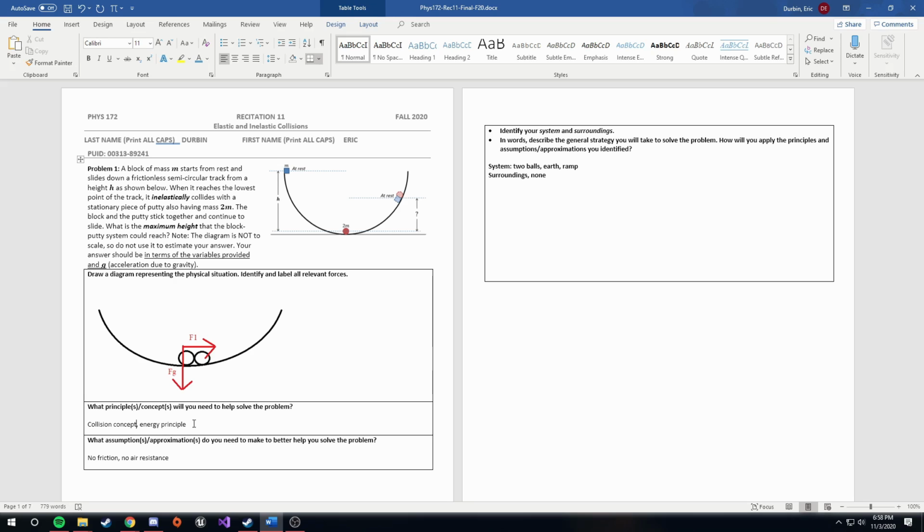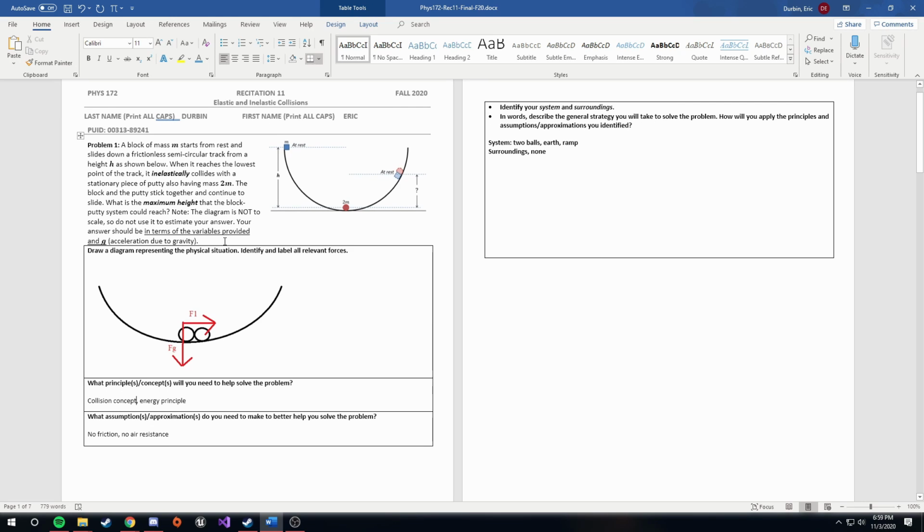Okay, sorry. So to start, everyone knows about inelastic collisions, right? Cool. So this is an inelastic collision, meaning the velocities are not conserved. In fact, the final velocity will be way less than the original velocity.